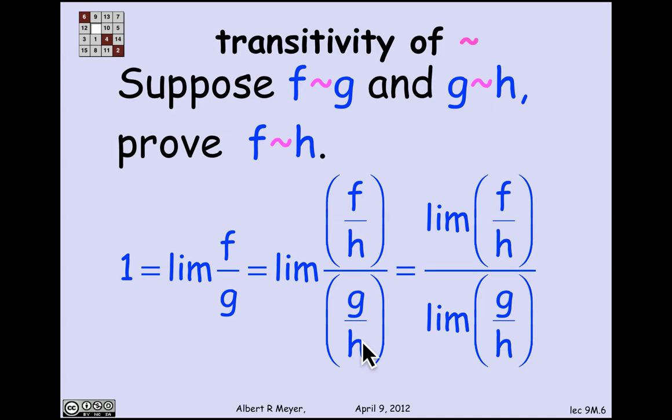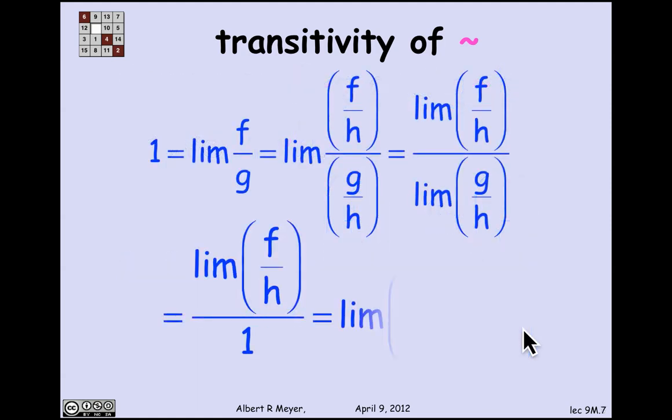The h's cancel. So this limit now, I can distribute the limits to the numerator and denominator, assuming both exist. And the numerator limit is what I'm interested in. The denominator limit is going to be 1, because the limit of g over h is 1 since g is asymptotically equal to h. The conclusion is indeed that the limit of f over h is equal to 1.